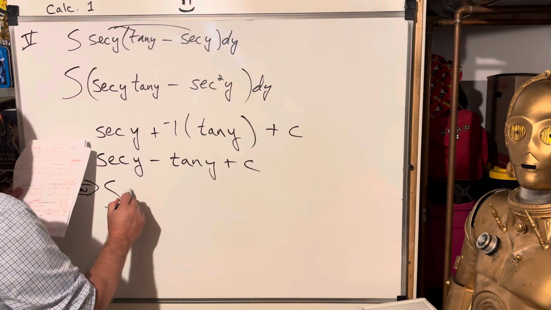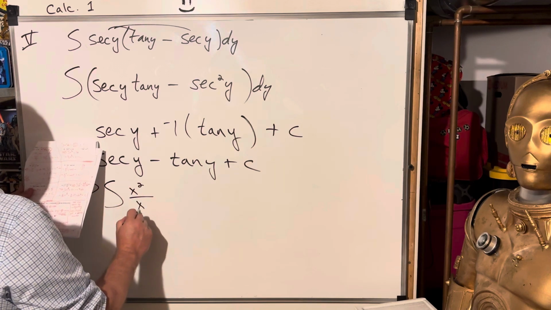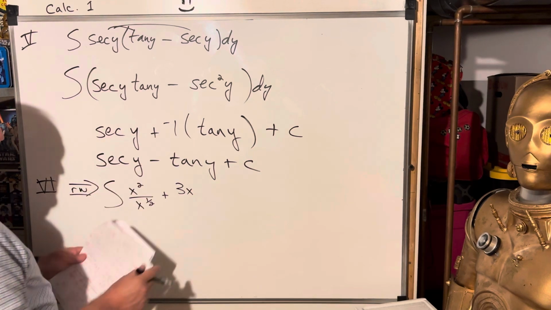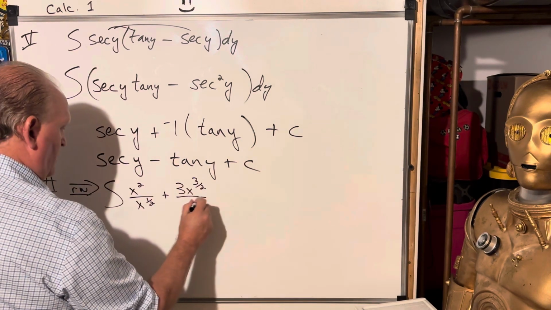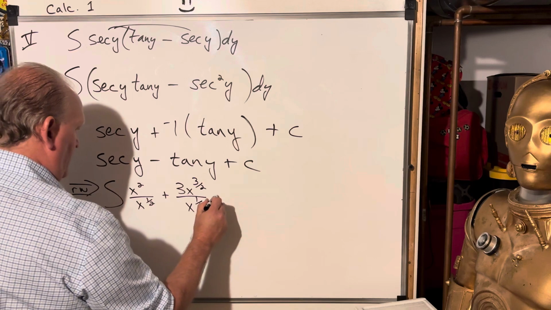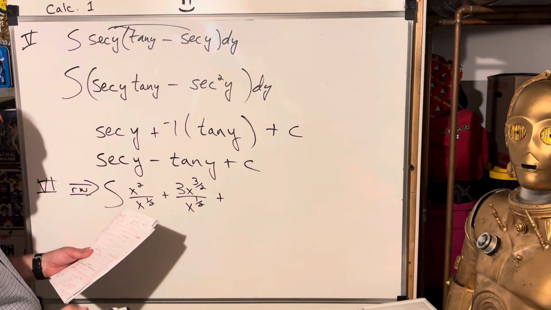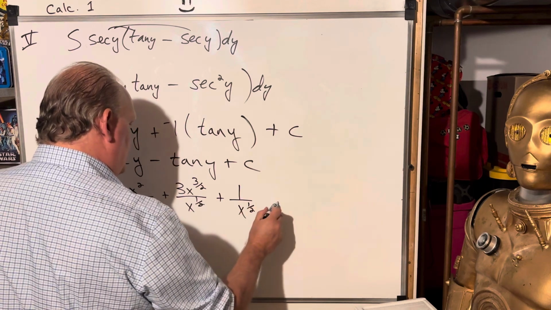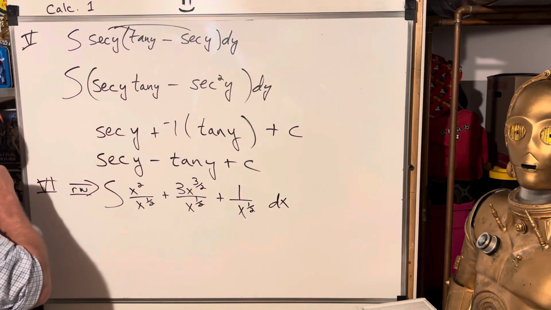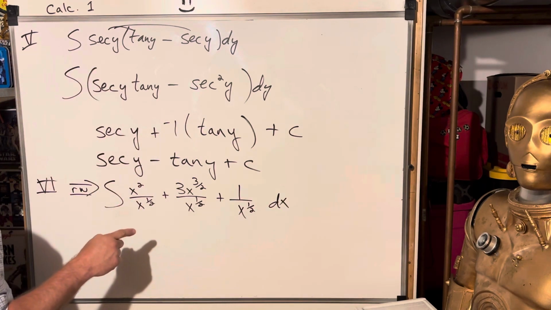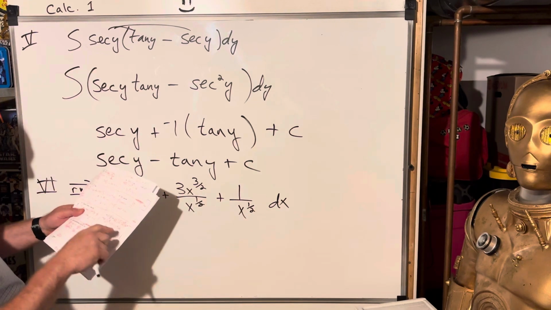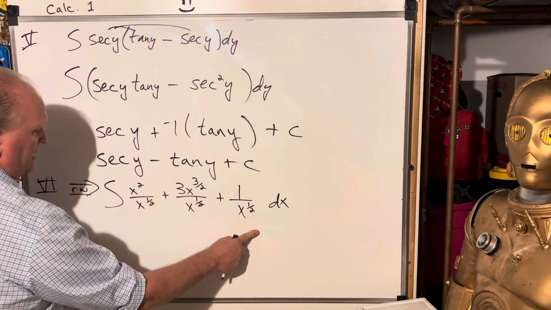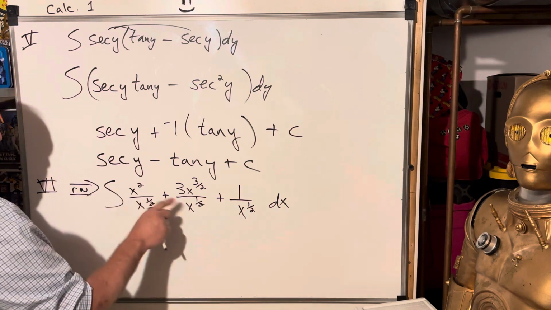So we've got x squared over x to the 1/2 plus 3x to the 3/2 over x to the 1/2 plus 1 over x to the 1/2, and that's dx. It's all dx. I wrote it separately because it was all over the square root of x, but I made all the square root of x's x to the 1/2, and then I just split up the band.